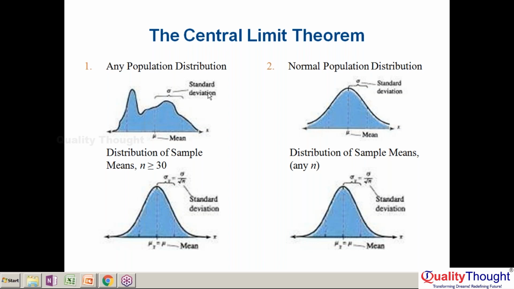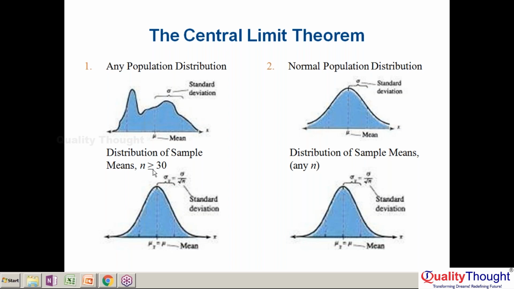So when your population distribution is something like this, and you take samples of size greater than or equal to 30, the researchers have told that you can approximate your sample distribution to a normal distribution curve.